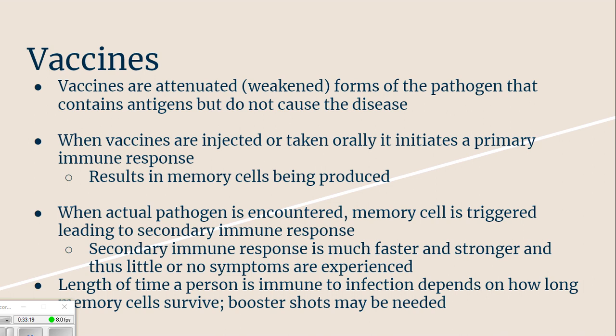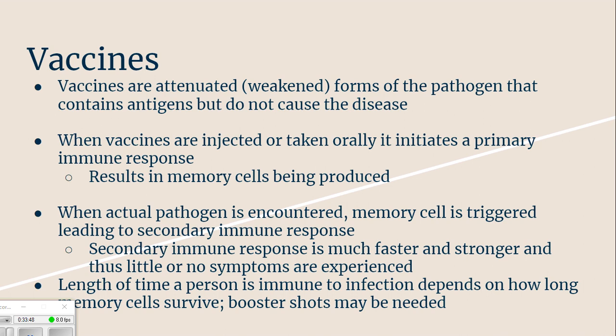It can be attenuated in that the pathogen could be primed to infect a different type of species' cells. So influenza vaccines, for example, are grown, that influenza virus is grown in chicken eggs, which weakens its response in humans, as it's more geared towards chickens.